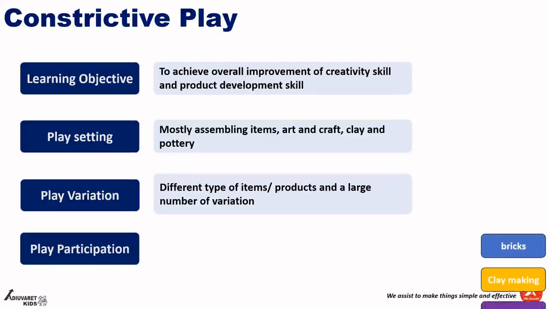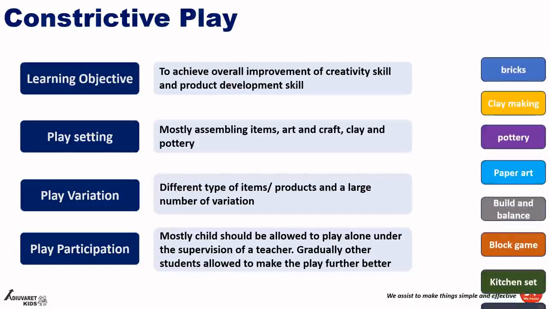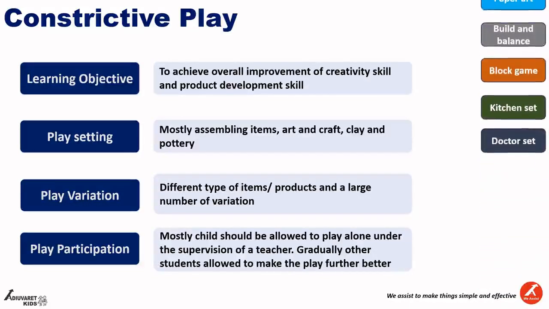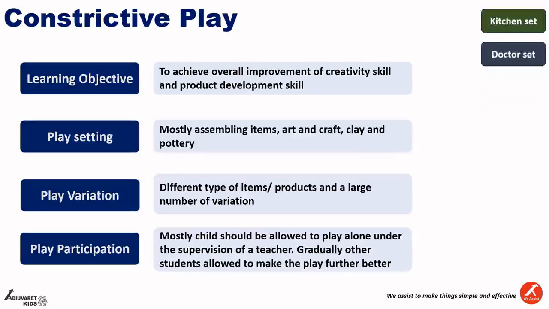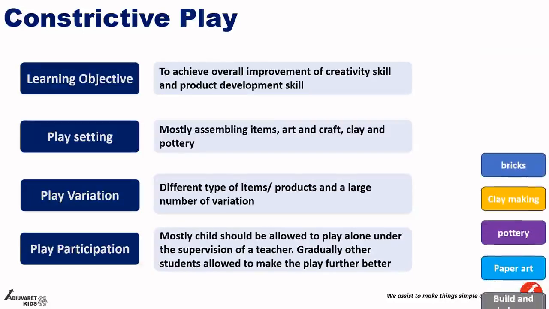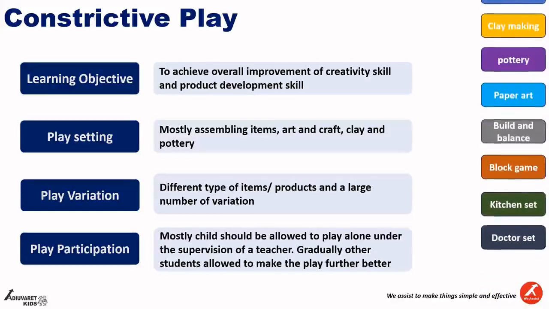By the time the child will be creating a little bit more of such or the same objects by using the variation. Then coming to the play participation, mostly the child should be allowed to play the game alone under the supervision of a teacher, because when a child is creating something, the child basically uses their own imagination and creativity skills while that task is done.